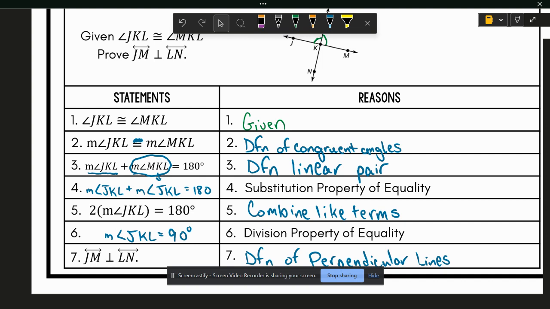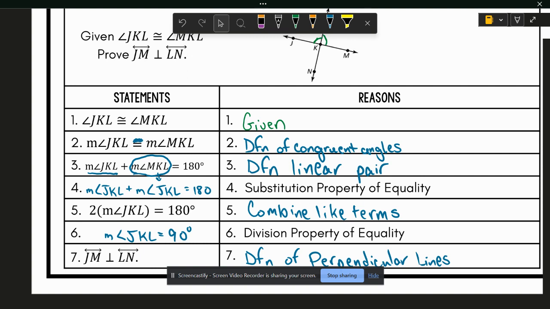Yes? How come we couldn't change the measure of KL to 90 if we knew that both of the angles were going to be equal to each other? Because if they're equal to each other, then they must be 90 if they equal 180. That's one of the things, using this, we have to go through certain steps in order to say. We can't just look at it and say, oh, I know that's 90.